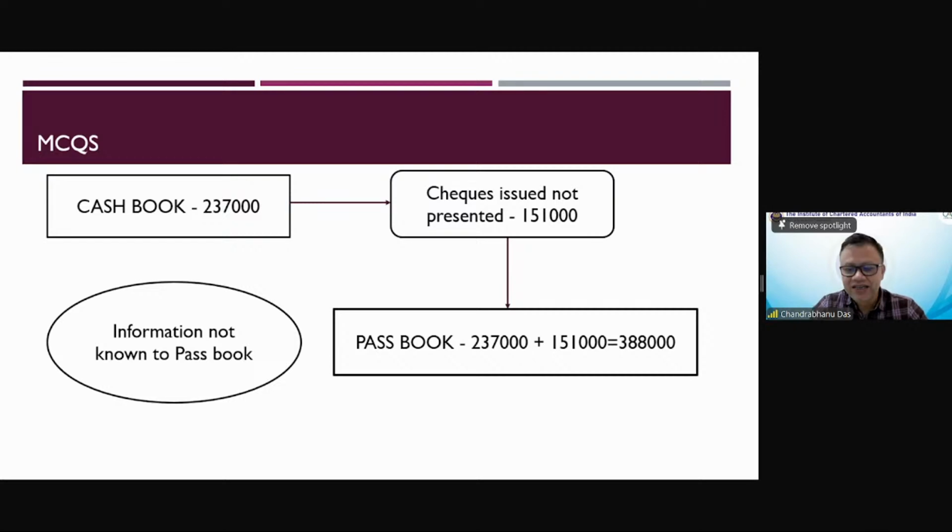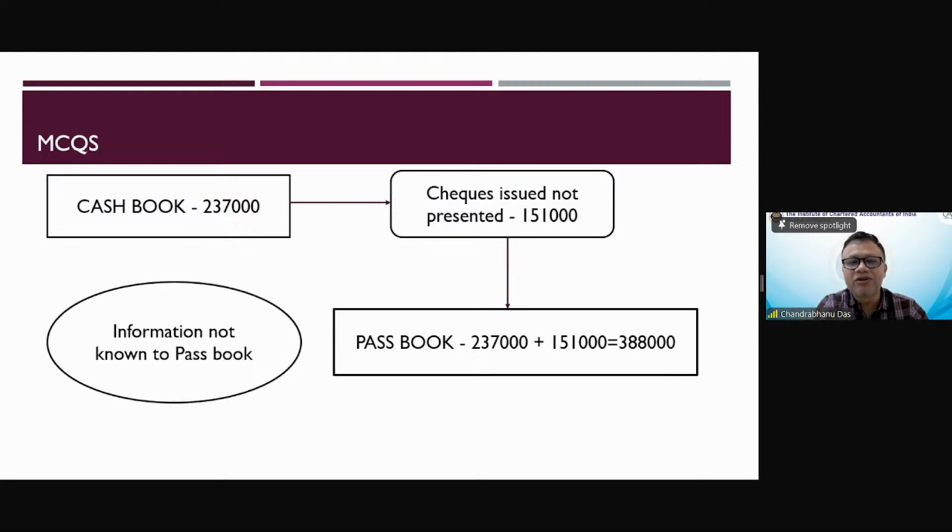So you added, and that's why the checks issued but not presented, 1,51,000. Now the passbook is actually 2,37,000 plus this 1,51,000, because the passbook doesn't know this information. How will the passbook know? So cash book 2,37,000 and this 1,51,000 will be added up and it will become 3,88,000. So when you're reconciling, you're thinking of this check issued and not presented.